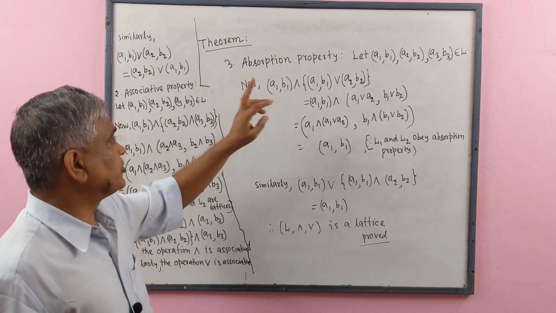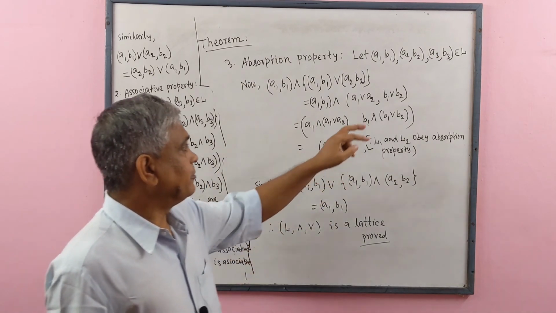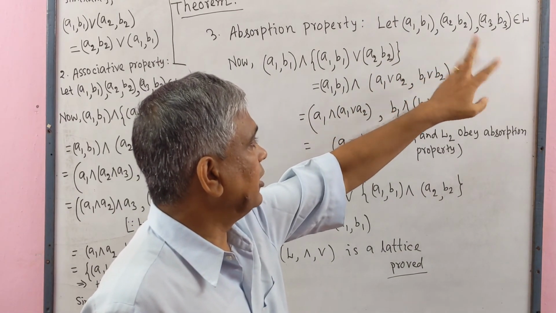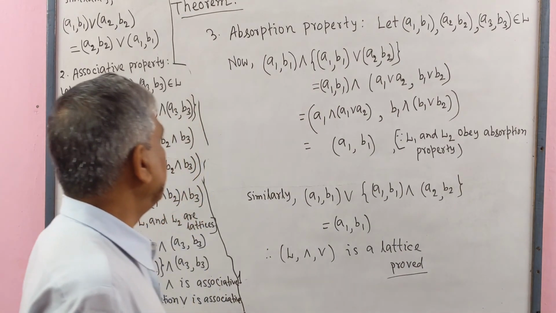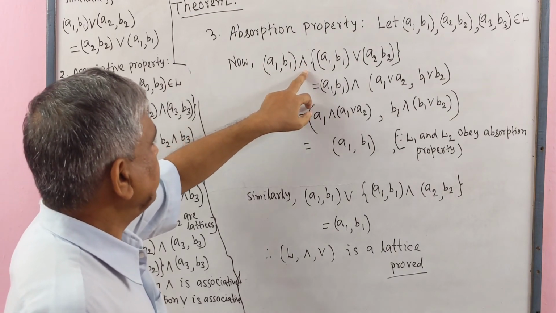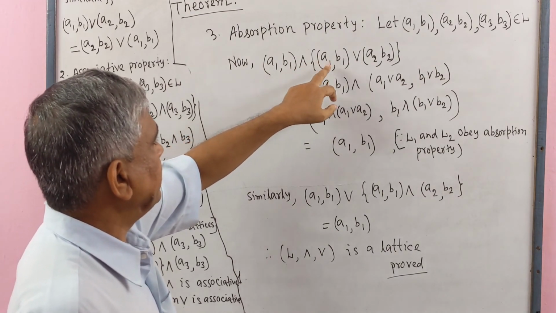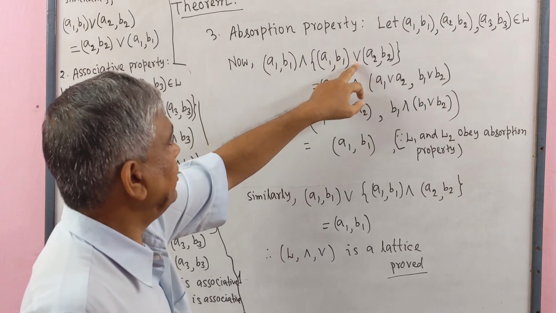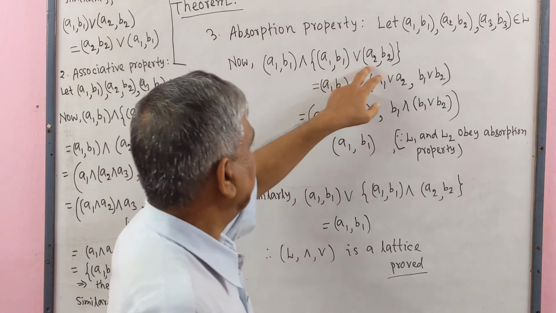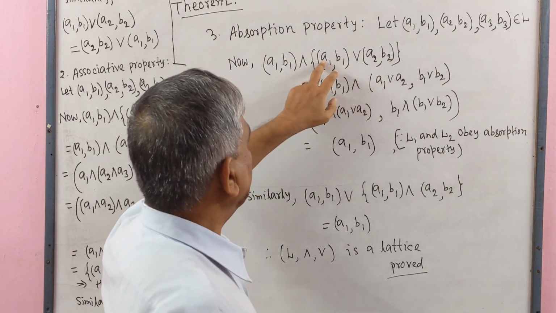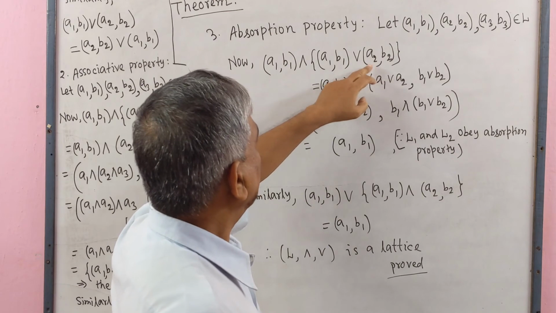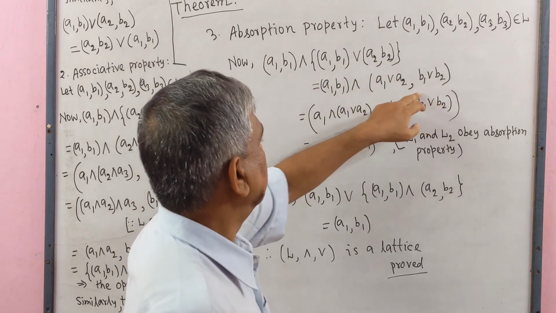Now we prove the absorption property. Let ordered pairs (A1, B1), (A2, B2) belong to L. Now (A1, B1) meet [(A1, B1) join (A2, B2)]. Firstly, we solve this under the bracket. This equals (A1 join A2, B1 join B2).